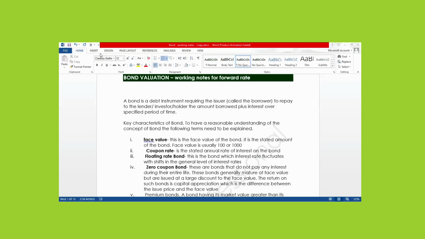At maturity, the bond will be redeemed at the face value. The face value is 100 naira. The discount price is below 100 naira. The difference between the face value at maturity and the discounted issue price represents the return to the investor.